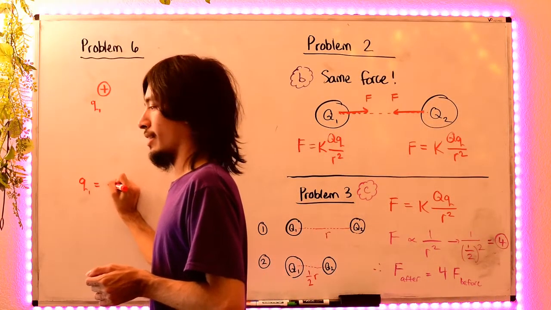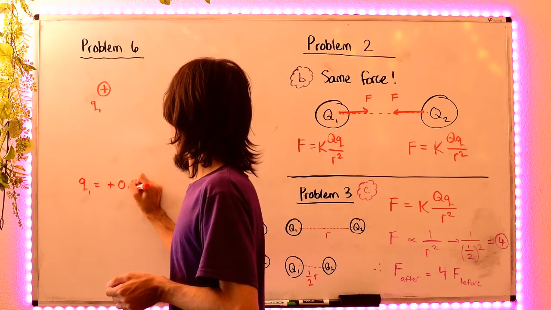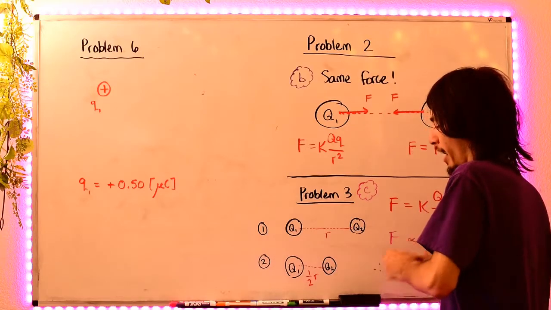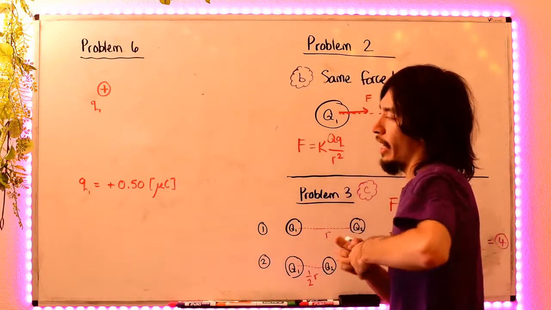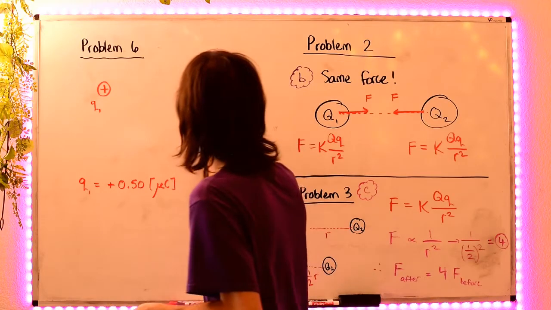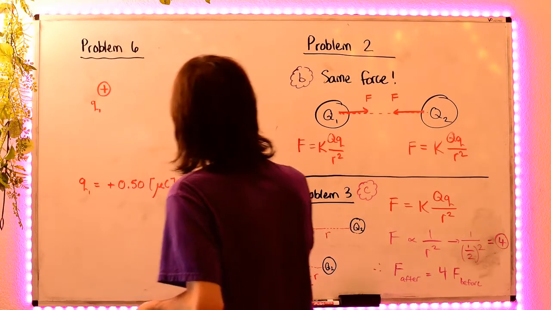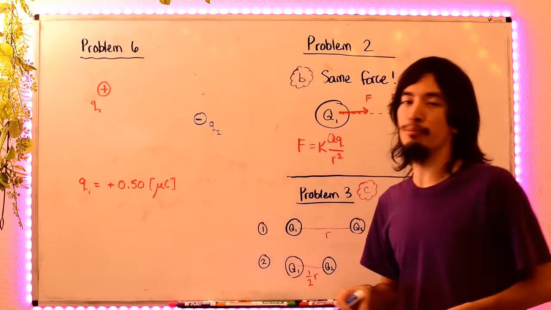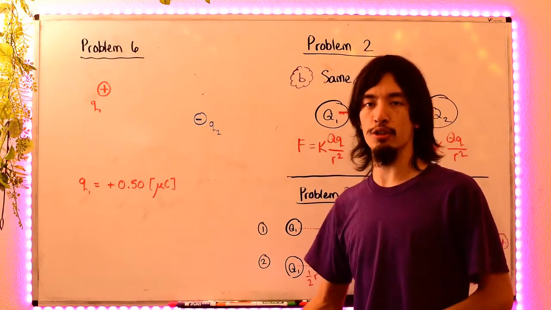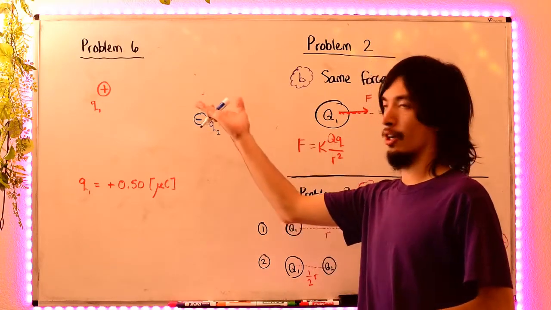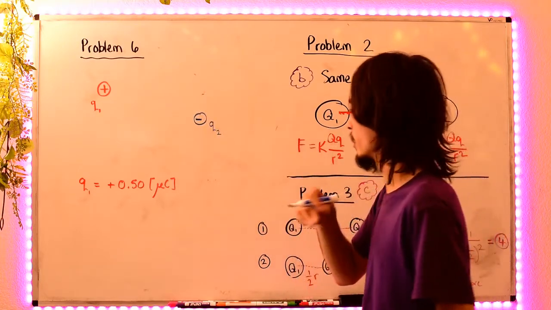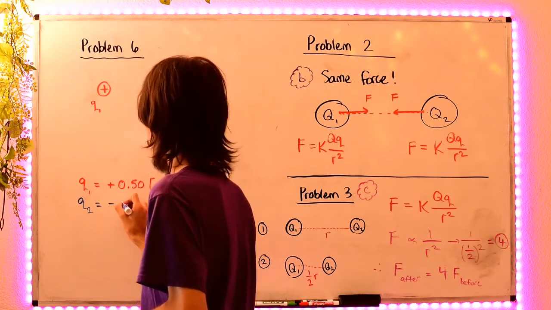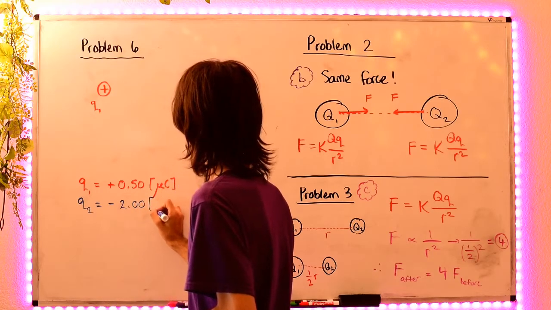Q1 is positive 0.50 microcoulombs. And we also have the negative charge, call it Q2. Now, I'm not saying that the charges necessarily interact with each other. I just say that you put the two charges in the electric field, and one of the charges feels a force from that electric field. So Q2, its precise value is negative 2 microcoulombs.